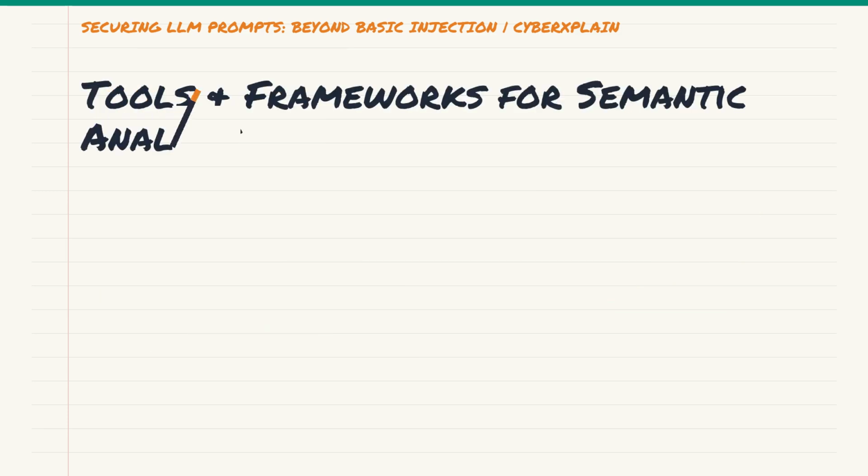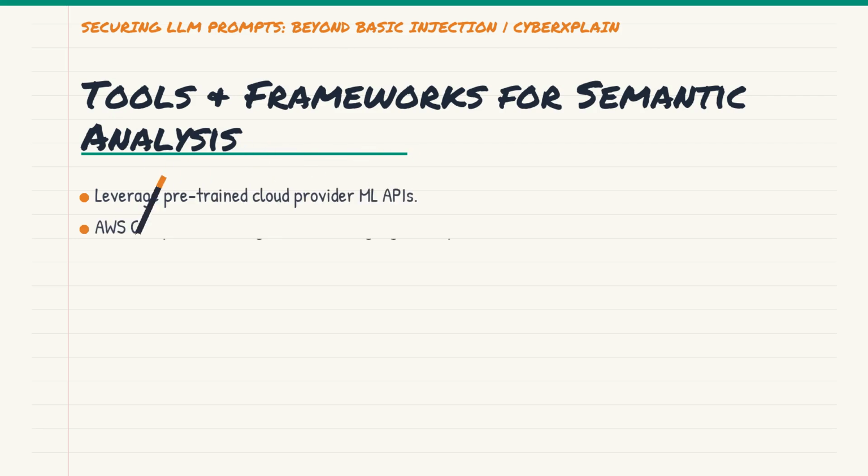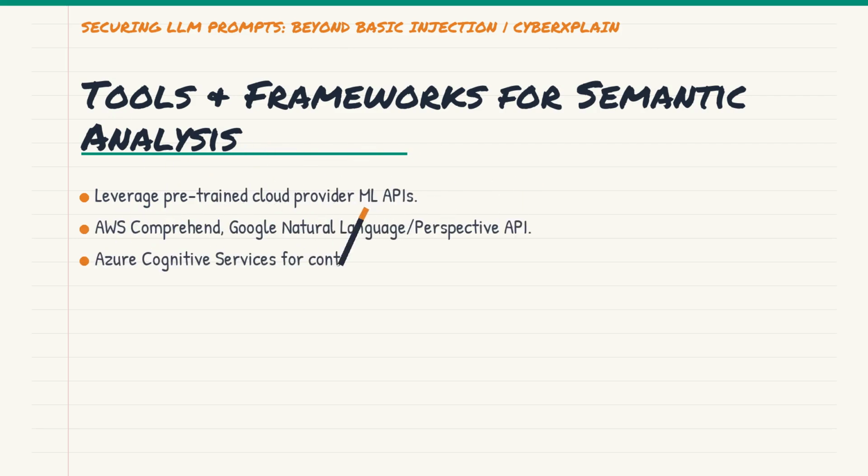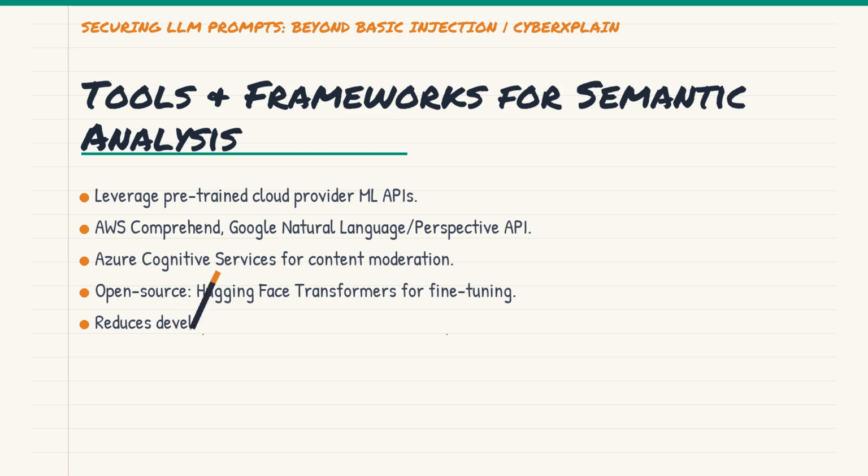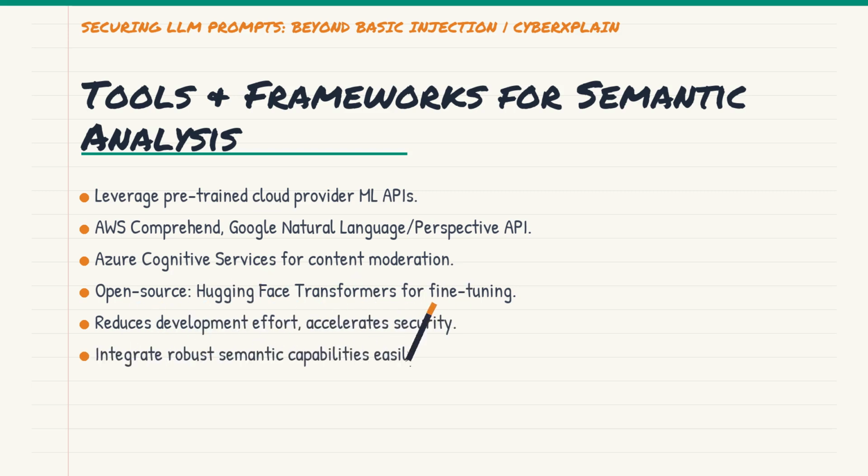Fortunately, you don't always have to build these semantic analysis models from scratch. There are excellent tools and frameworks out there. Cloud providers like AWS Comprehend, Google Cloud Natural Language API, with its Perspective API for toxicity, and Azure Cognitive Services all offer pre-trained models for sentiment analysis, entity recognition, and content moderation.